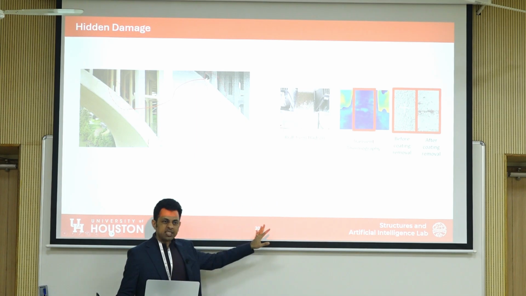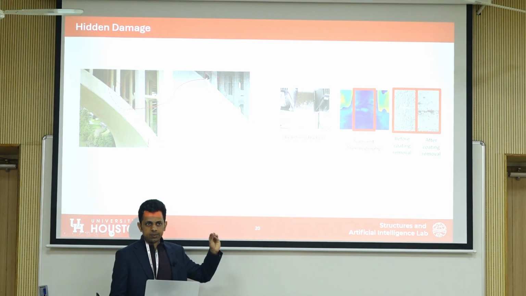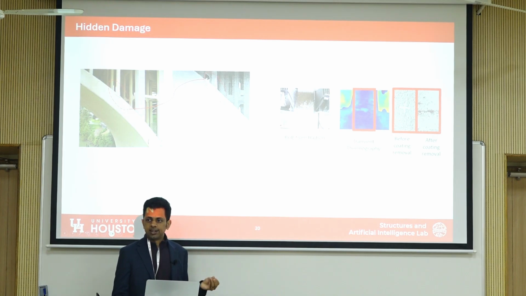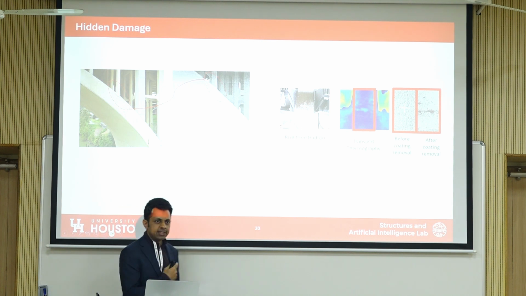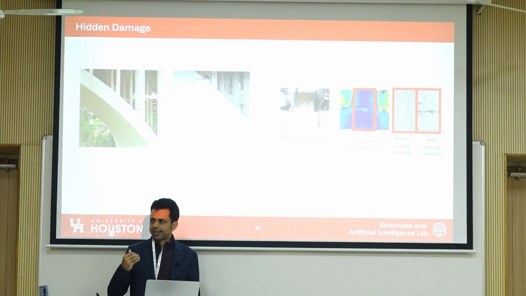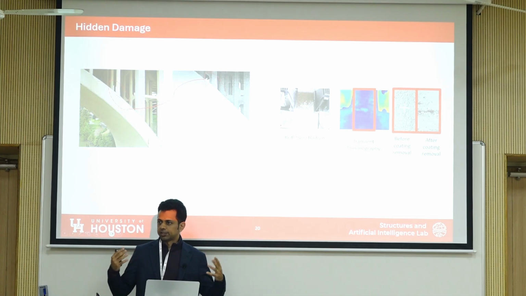Now, here we see that there is a clear signal, which means there is a clear change in intensity when we have that hidden defect. Also, for visible defects, there's a clear change in signal because the crack intensity is zero almost. It's black, and the surrounding intensity is much higher.